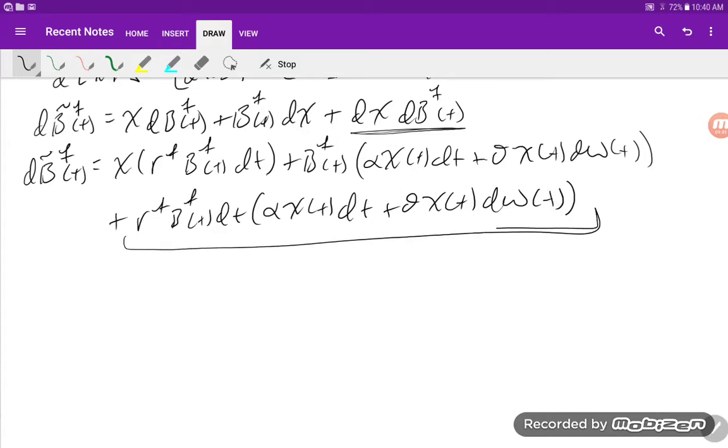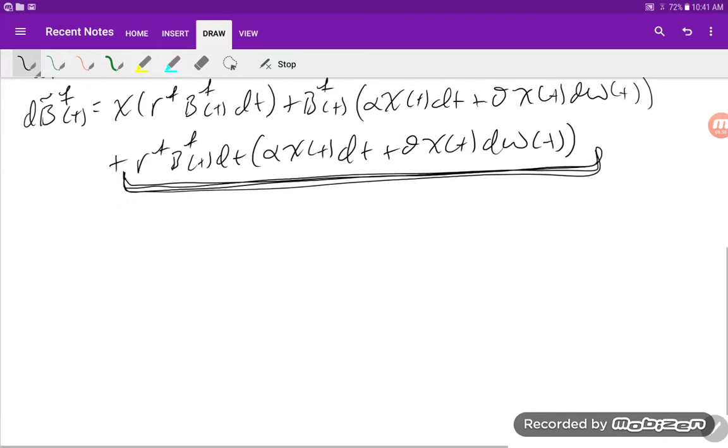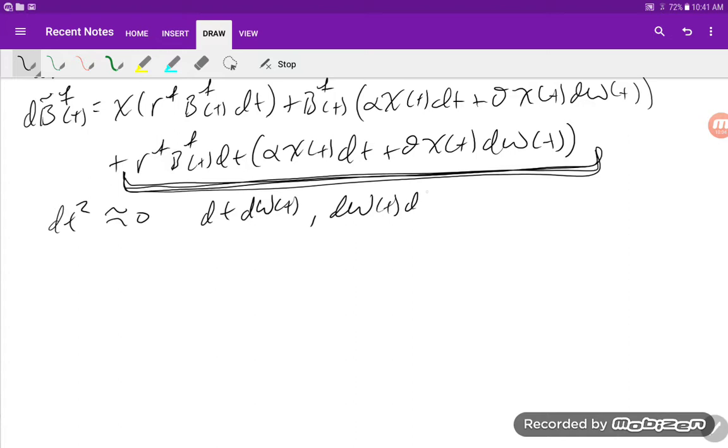Now let's take a look at this term. So the Ito multiplication rules, I talked about this in my last series too, basically any dt squared terms are basically 0, they cancel. Any cross terms, so dt times dw or dw dt terms, are also 0.